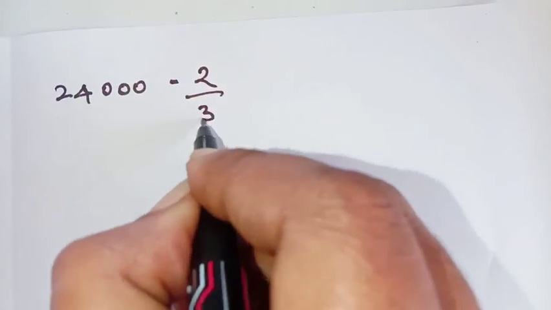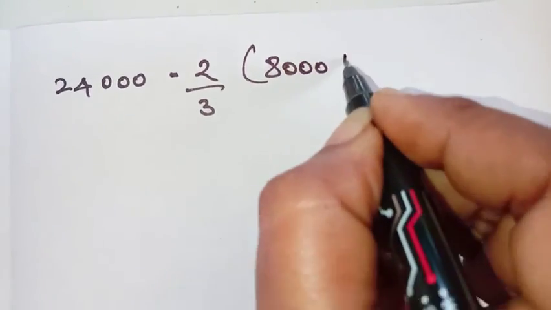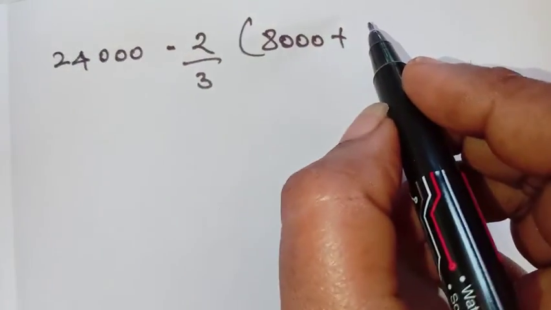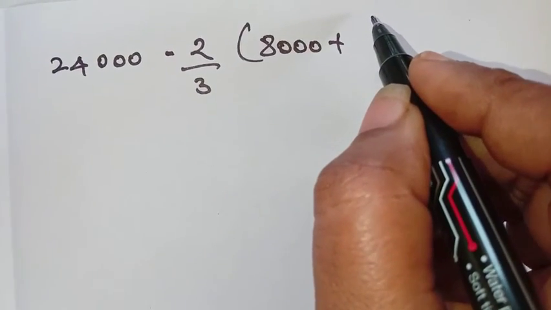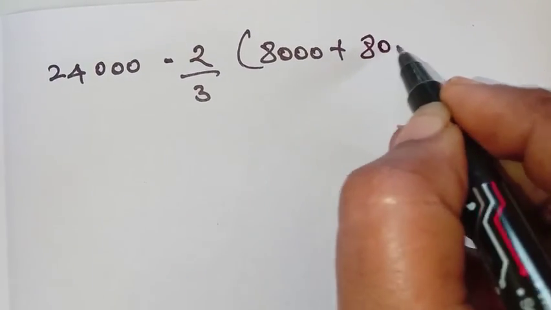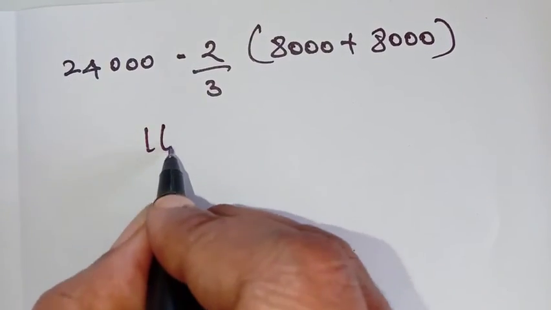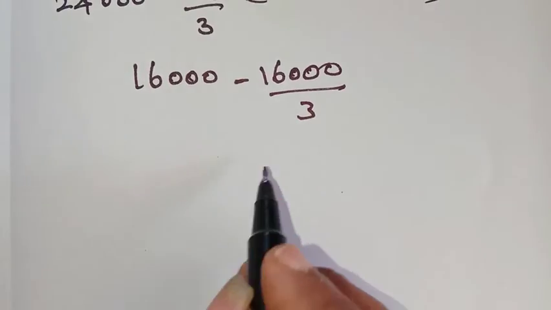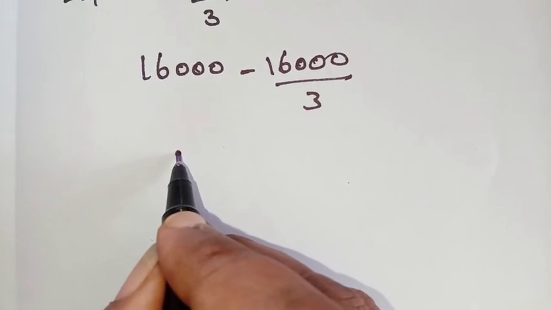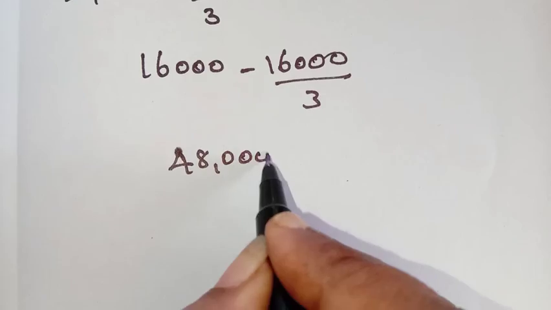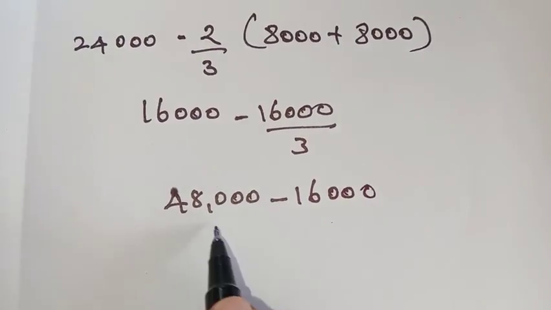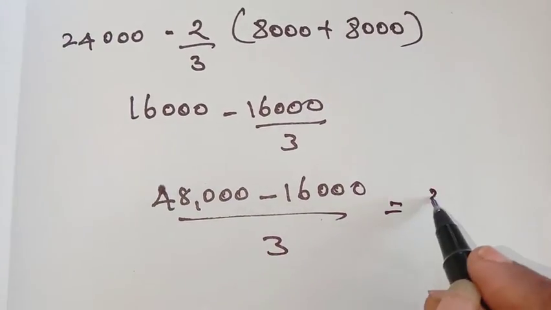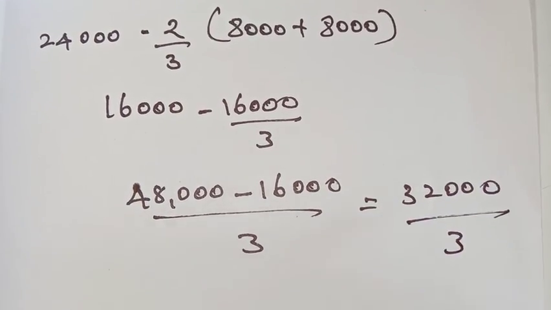So 24,000 minus 2 divided by 3 times 8,000 plus 400 multiplied by 20, which gives 8,000. Next, 24,000 minus 16,000 divided by 3 minus 8,000, so by cross multiplication we get 48,000 minus 16,000 divided by 3. So the producer surplus is 32,000 divided by 3. That's it.